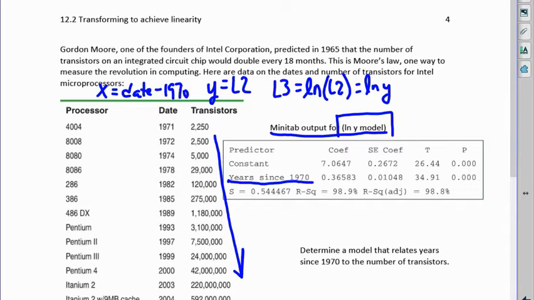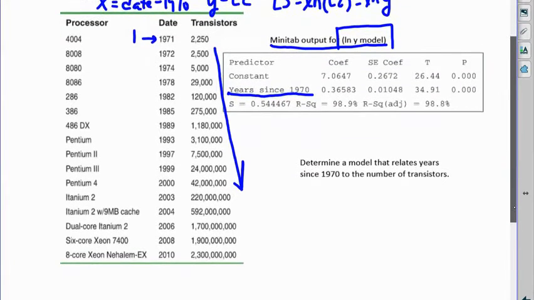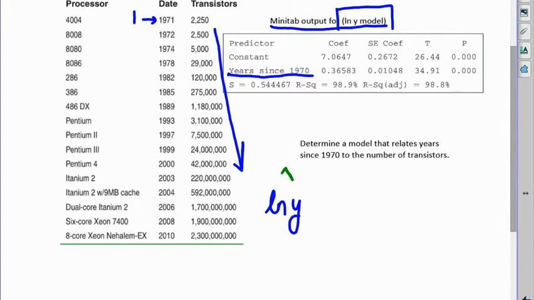So when you have 1970, it's going to be a 0, and so this one should come out as 1, etc. All right, so we want to determine the model that relates the years since 1970 to the number of transistors. So it looks like we have the natural log of y. Don't forget to put your hat above it because this is a prediction.